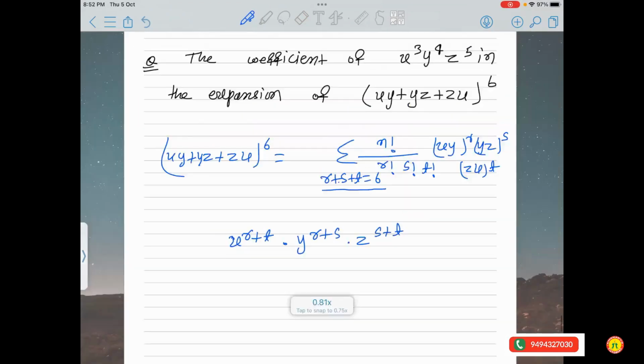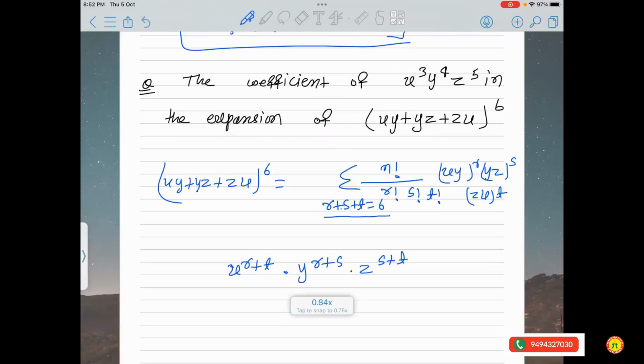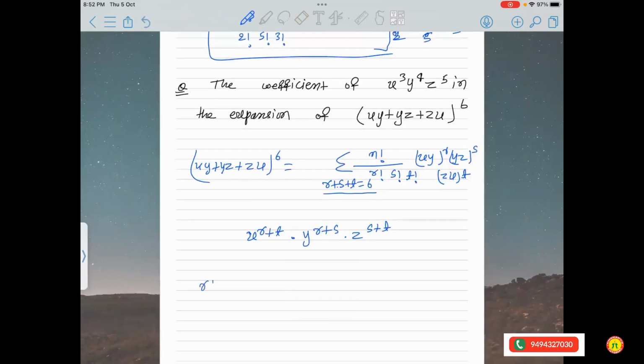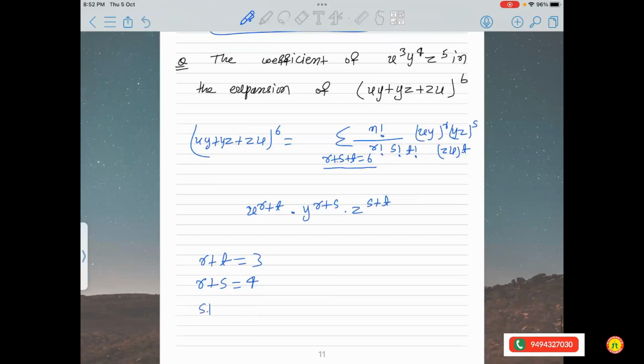Got it? So we can see this, we need to find x cube. It means r plus t equal to 3, right? And r plus s equal to 4, right? And s plus t equal to 5. Got it? You need to find this power, right? So we separate: x power r in (xy) power r, (yz) power s, (zx) power t.